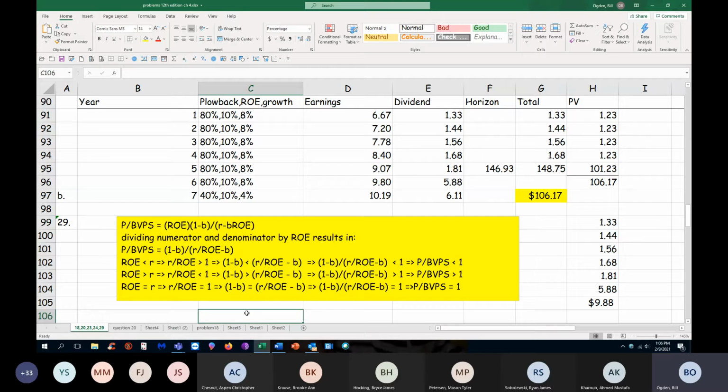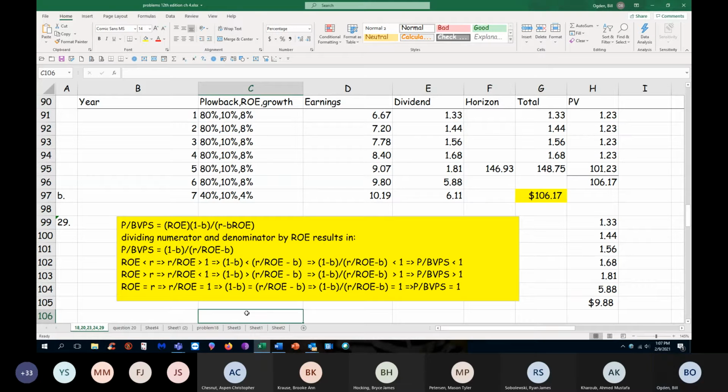Well, you'd hope to make something on it, wouldn't you? So what if after the end of 1 year, you could sell your share for 200? You'd be very happy, wouldn't you? So yes, you always want a price to book to be greater than 1, for sure. You want those dollars of funding that you as a shareholder have contributed to this enterprise to be worth more than what you contributed. Otherwise, the management of that company has done nothing with your money.